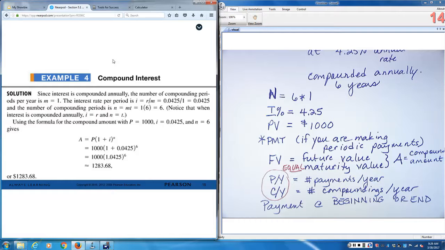When you see some of these tougher formulas, I'm going to give you a formula sheet on the test, but you don't necessarily need to know how to plug it into the formula. I want you to identify the information and plug it into the calculator on a solver and get it to give you the answer. This is just arithmetic, and the calculator does a much better and more efficient job at arithmetic than we do.